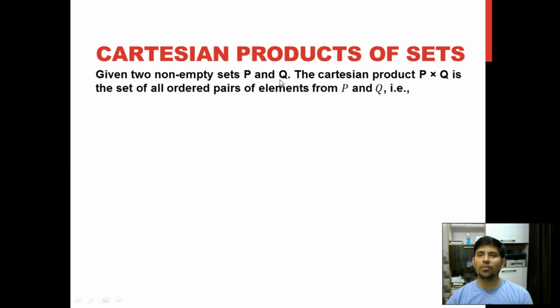See here, if we have two sets P and Q and these are non-empty sets, meaning having one or more elements, then the Cartesian product is denoted by P cross Q. How is it defined? It is the set of all ordered pairs of elements from P and Q. That is, P cross Q equals (p, q).